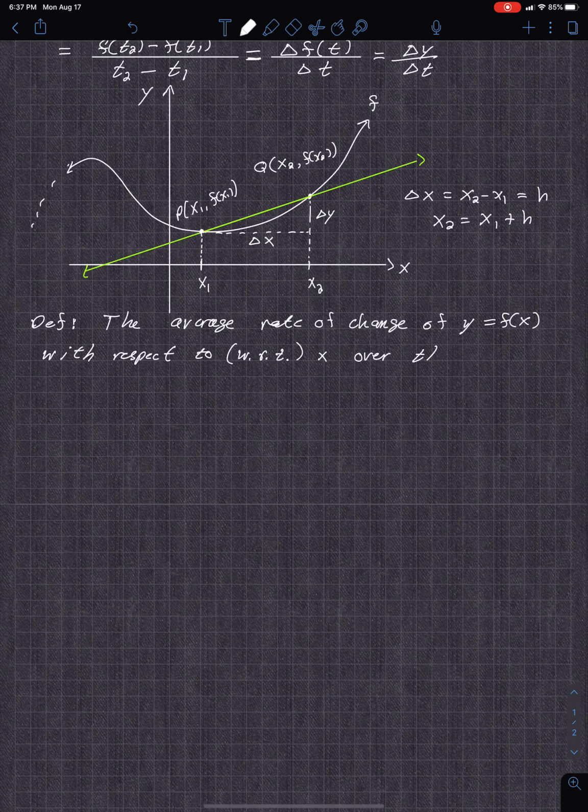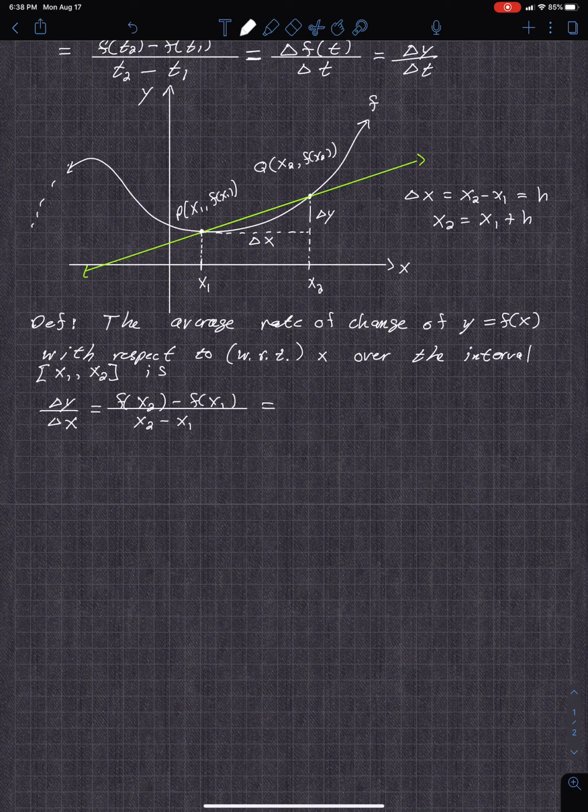over the interval, and then your interval is x1 to x2, right? So it's this interval we're referring to from here to here. It is defined to be, and it's really the same as above, but we're going to start with delta y over delta x equal to f of x2 minus f of x1 divided by x2 minus x1.